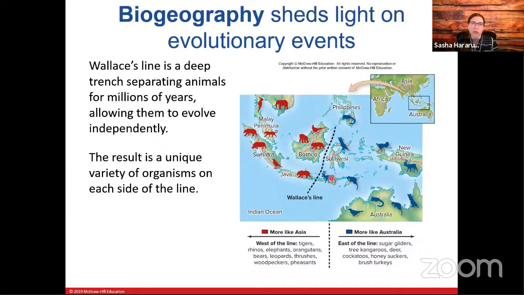The clue of Wallace's line is that evolutionary events here were separate from the evolutionary events here. So these two groups of species, in red and in blue, have evolved independently. Despite similar environmental conditions, they evolved in different ways because the interactions between these species are completely different from the interactions between species in red.